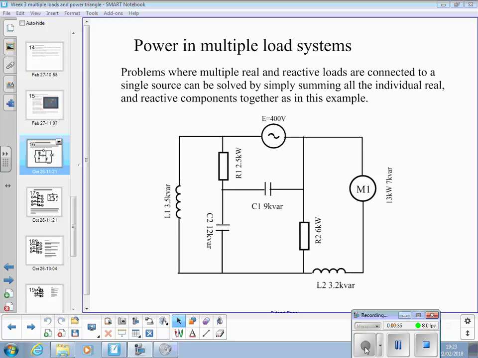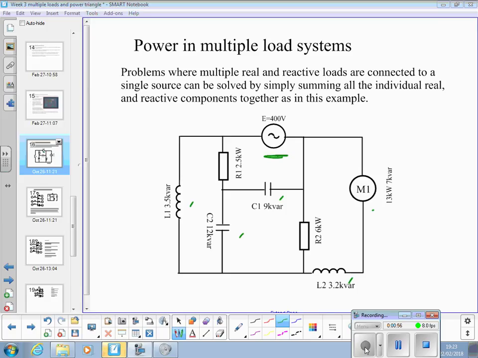We've got a 400 volt power service point, and connected to it are 2 pure resistors, a motor, 2 inductors, and 2 capacitors, all connected to the same supply.